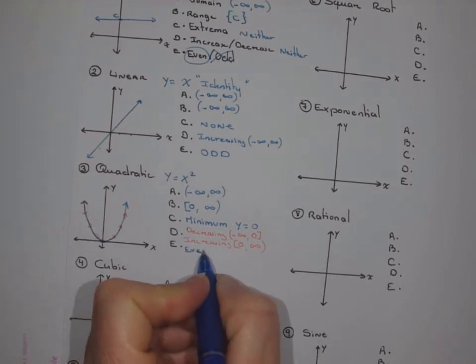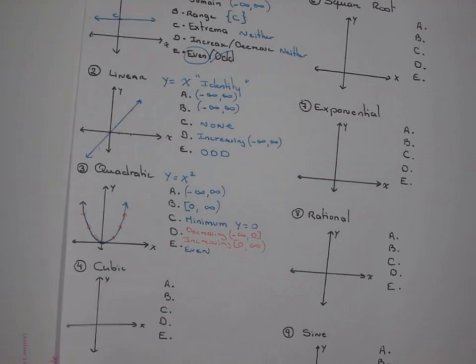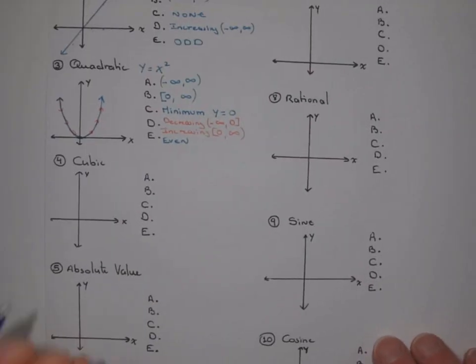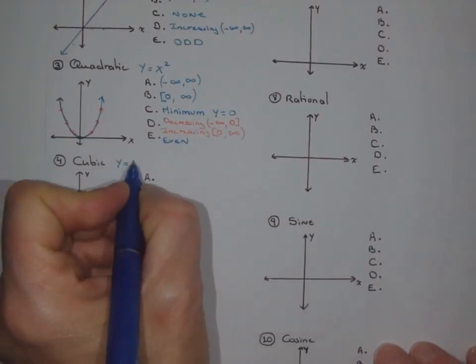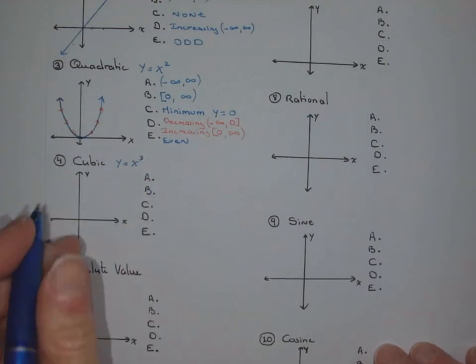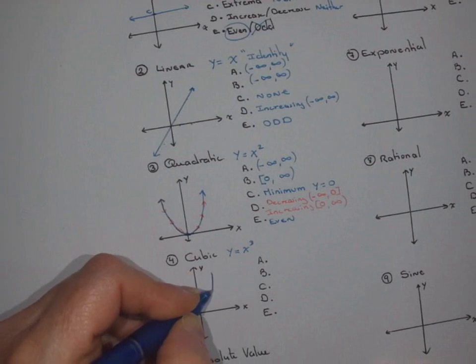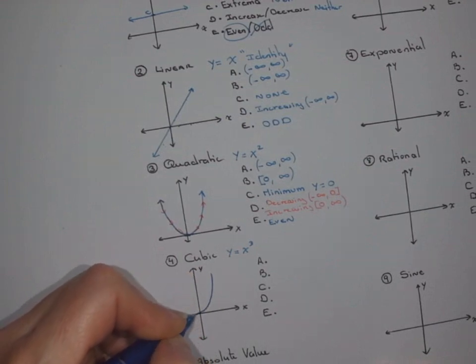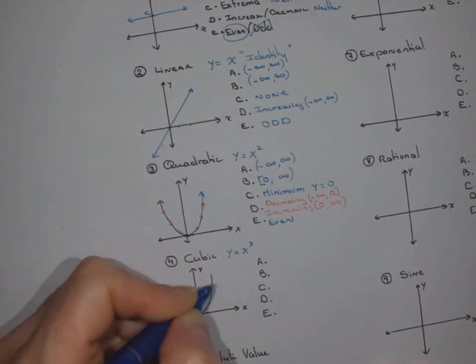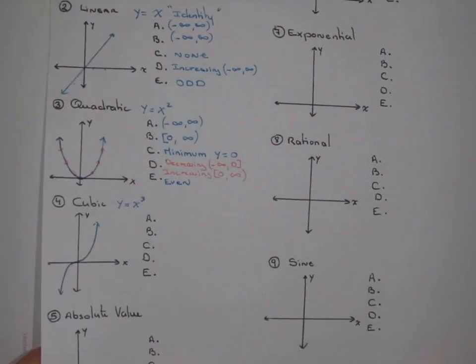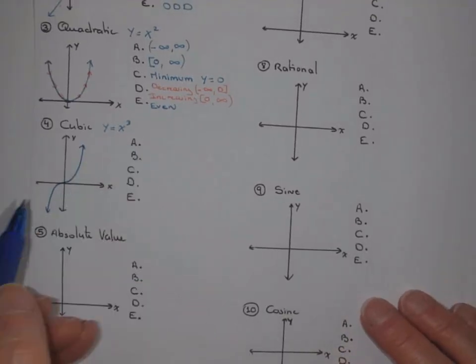This function is even. All right, number 4 is the cubic function, and the cubic function is y is equal to x cubed, and it looks like that. Okay, so A was the domain.